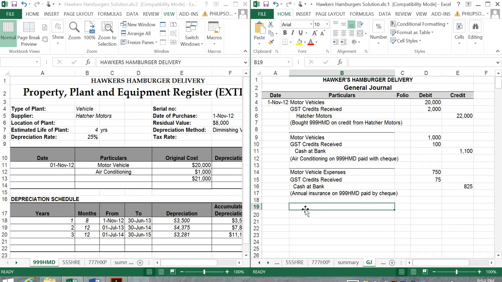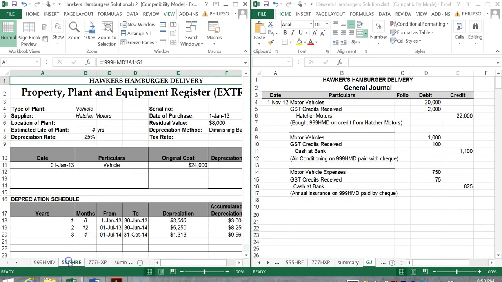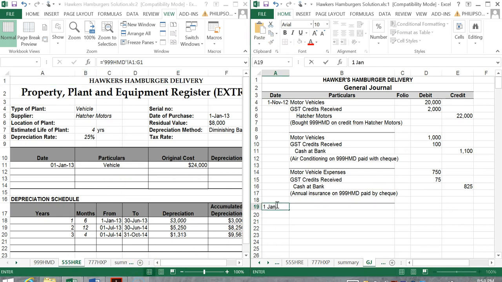Alright, so that's everything to do with the first vehicle, with the purchase of 999 HMD. And before we get to doing depreciation at 30th of June, we bought 555 HRE. And we bought that on the 1st of January 13.